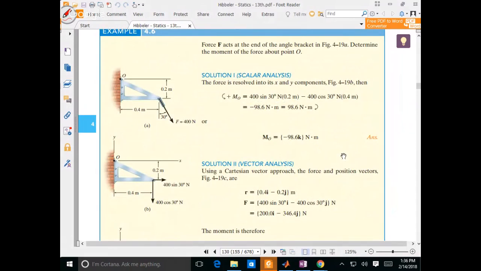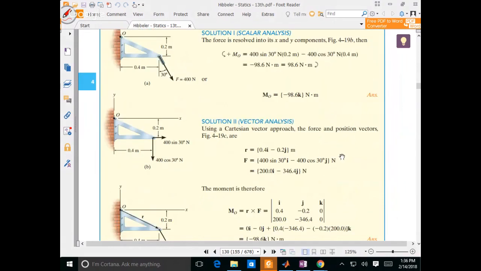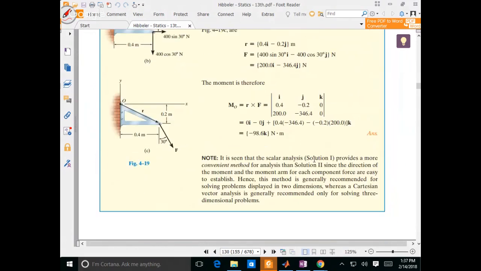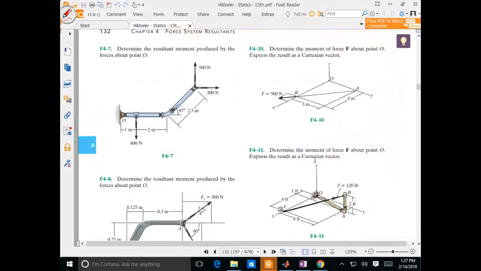He says scalar analysis, that's okay. There's nothing wrong with that if you can see that. Solution 2 is vector analysis. And in that particular case, if I'm seeing this, I'm comfortable there. So you will see me always working with that. It's okay. Either way you want to do it.